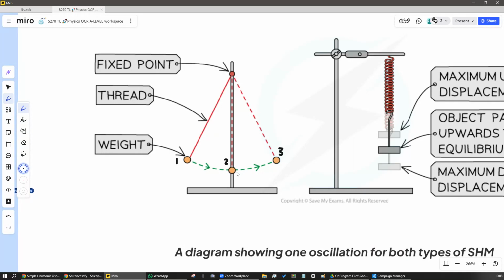We could call that the amplitude. And then once it reaches the maximum point on the right-hand side, it's going to start to come back to the middle point. So the middle point, therefore, would be now position 4, as well as position 2, and then finally back to the original point, which we call position 5. Then the whole thing repeats. So it goes back and forth, back and forth.